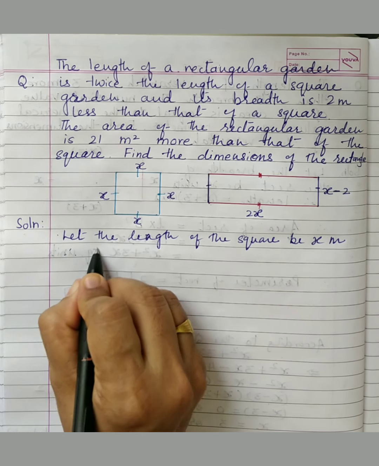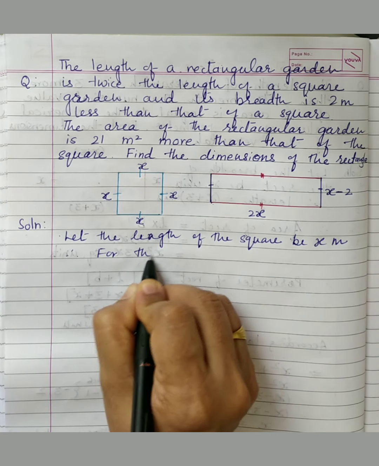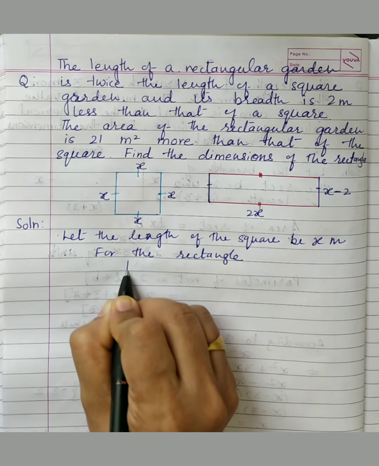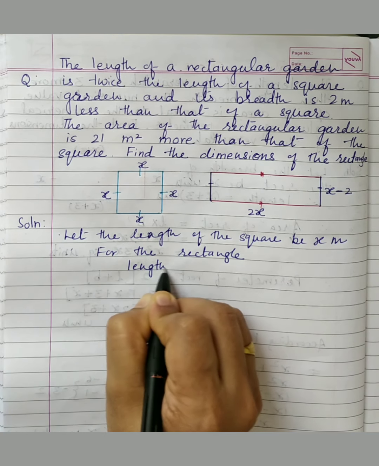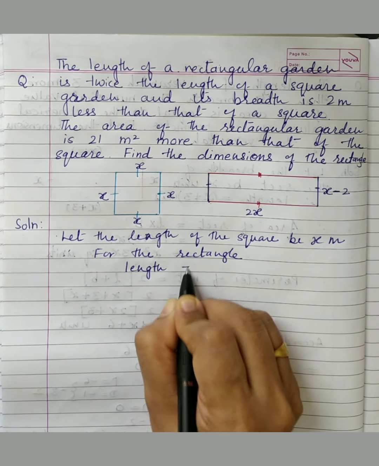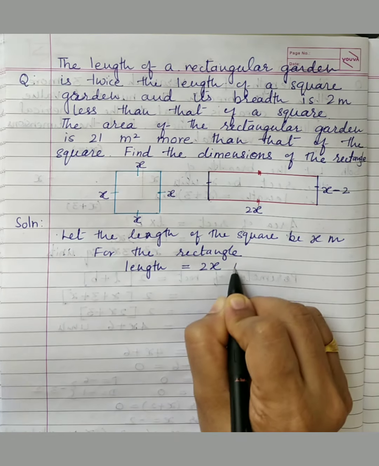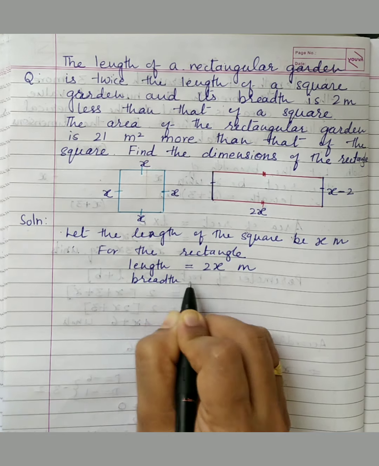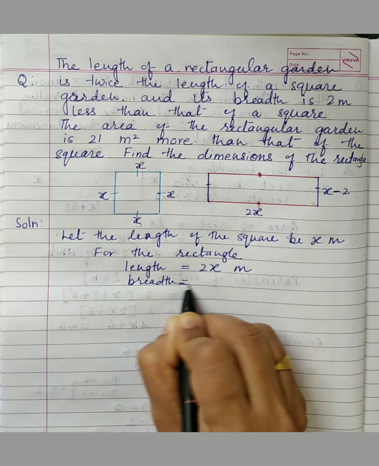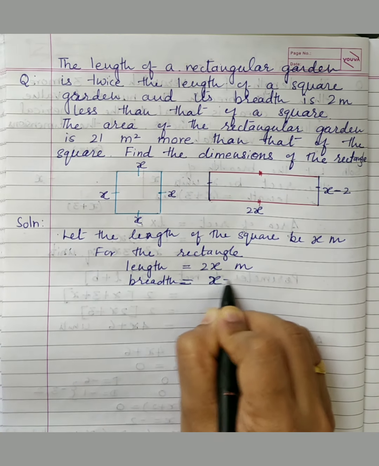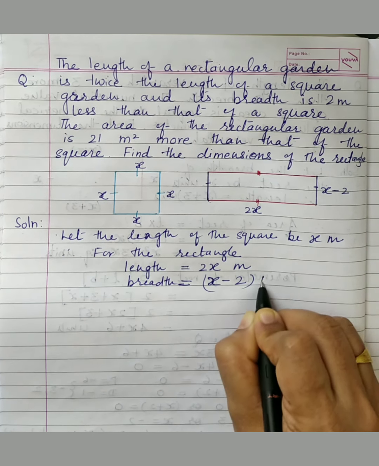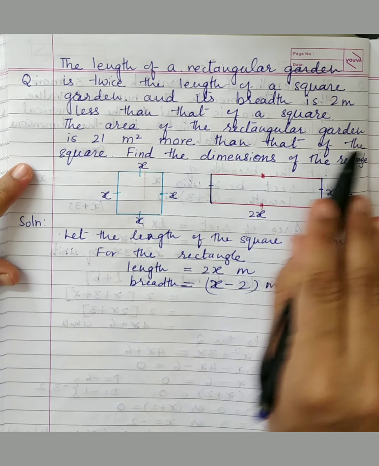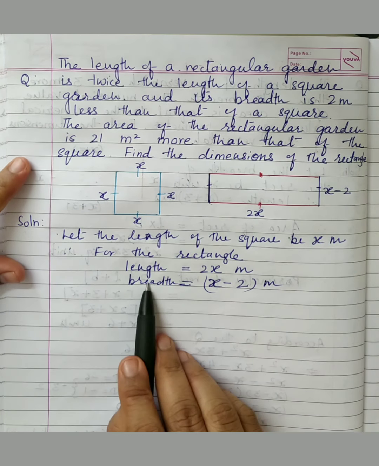Therefore, for the rectangle, what will be the length? Twice of the square, so 2x meters. What will be the breadth? 2 meters less, so x minus 2 meters.